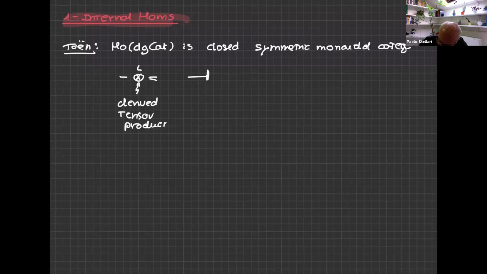And this guy has a right adjoint, which is, as usual, denoted like this. So this is a DG category of internal Homs.